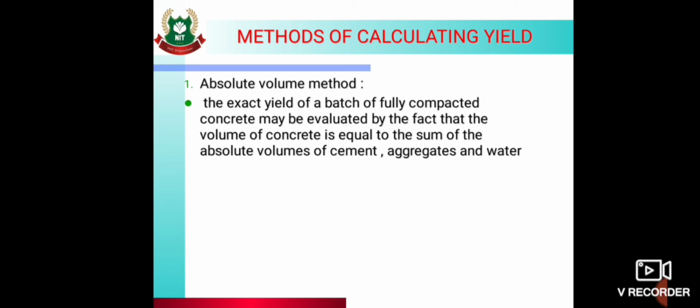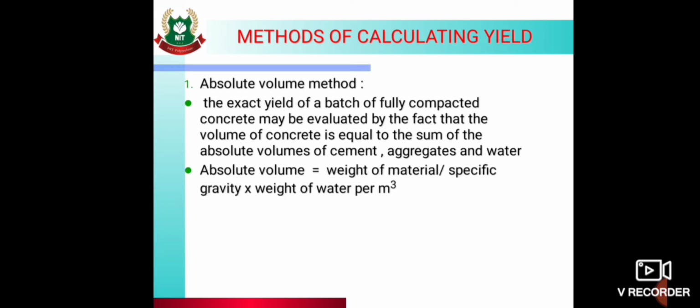Absolute volume is equal to weight of material upon specific gravity into weight of water per cubic meter.